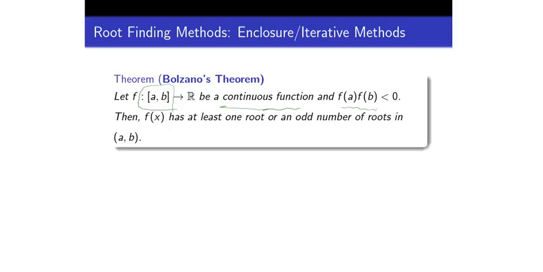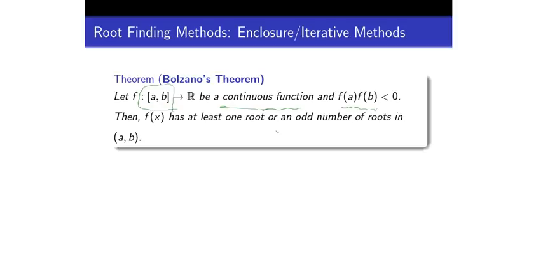That is, f of a and f of b are of opposite signs, either f of a is greater than 0 and f of b is less than 0, or vice versa. They will not share the same sign. Then the intermediate value theorem tells you that f of x has at least one root, or an odd number of roots, in the interval.